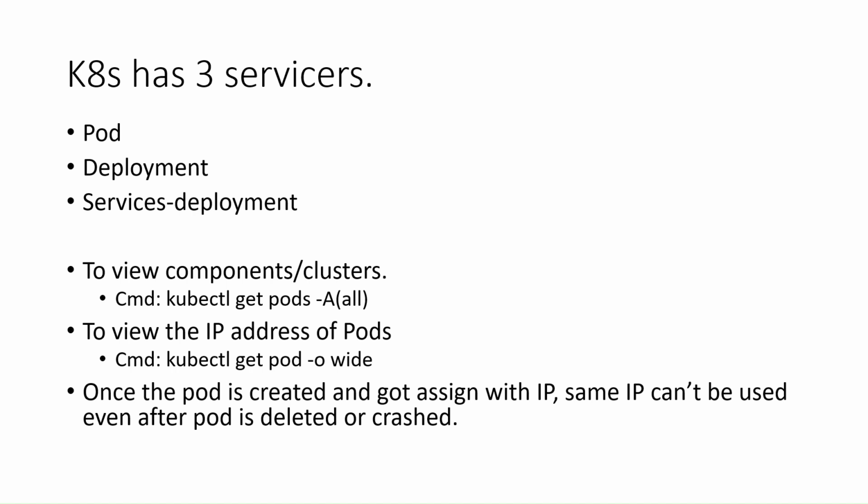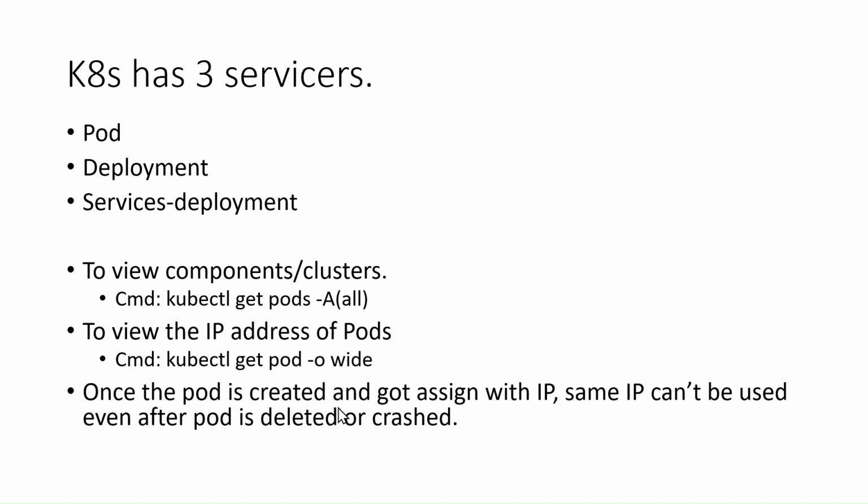In that, do we think the same IP address is assigned to that pod? Actually, no. A new IP address will be assigned. So the previous pod had 192.168.1.0, and the newer version of the pod will get the 192.168.1.2 IP address. That is what they mention here.